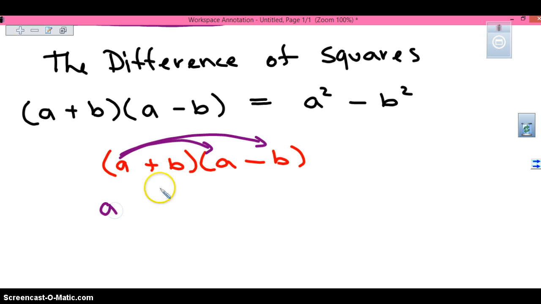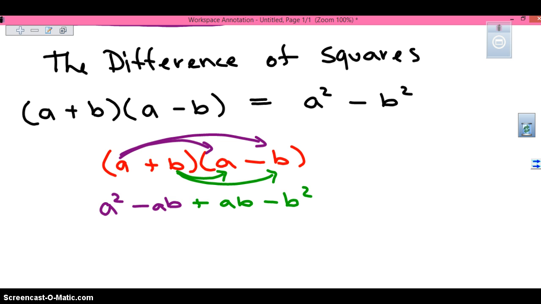A times a is a squared, a times negative b is negative ab, b times a is positive ab, and b times negative b is negative b squared. If we combine like terms, these like terms cancel out, and we end up with a squared minus b squared.